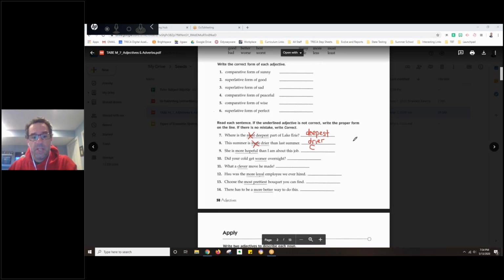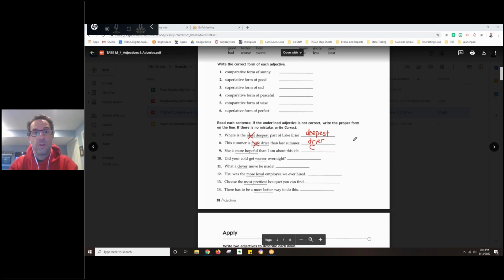Okay, 10 through 14. So again, we're looking for what form. It's comparative or superlative, and that will guide us toward getting the adjective right. Imagine you're going through a river, right? And it's going to split off into two ways. If you don't pick the right way, you're not going to get the answer right.